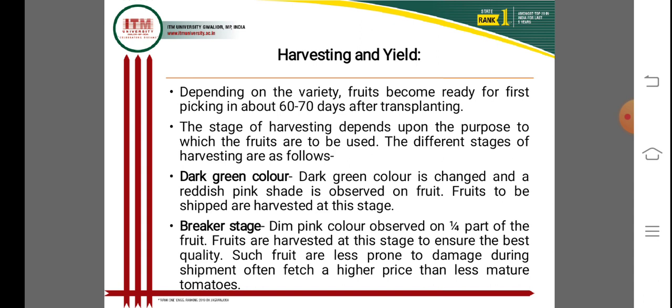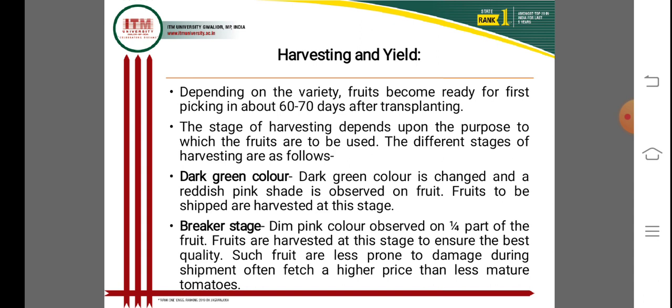Dark green color fruits are for long distance transportation. When dark green changes and reddish and pink shades are observed on the fruits, they can be harvested at this stage for long distance transportation.